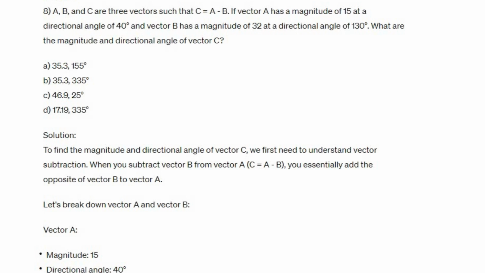Solution. To find the magnitude and direction angle of vector C, we first need to understand vector subtraction. When you subtract vector B from vector A, C equals A minus B, you essentially add the opposite of vector B to vector A. Let's break down vector A and vector B. Vector A: magnitude 15, directional angle 40 degrees.